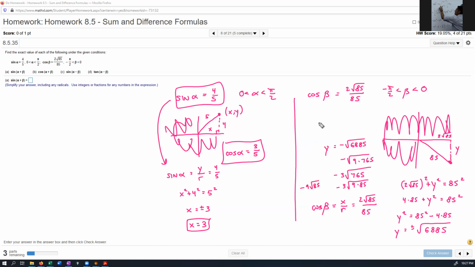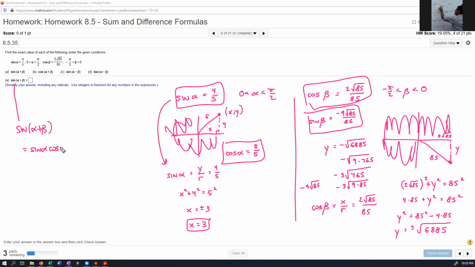So sine of beta will be the y coordinate, which we just said was -9√85, over 85, which is the r. So now I know what sine beta is, and I know what cosine beta is. Now I'm only going to do one of these at a time. Sine of alpha plus beta will be equal to sine alpha cosine beta plus cosine alpha sine beta.